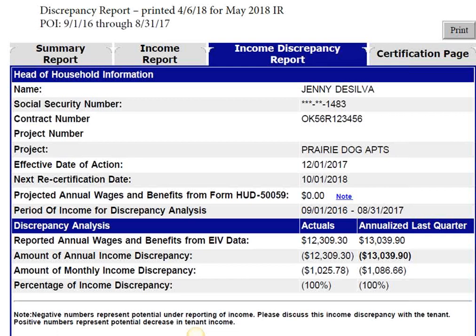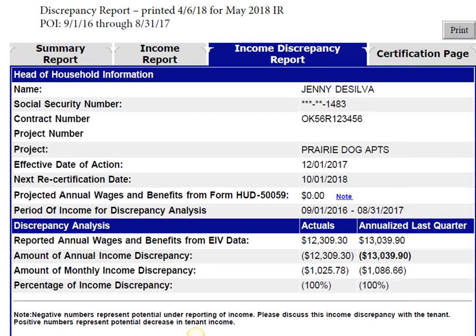How much income did we put on that 12/1/17 cert? Zero. The zero that you see right here under projected annual wages and benefits from the 5/9, that's telling you this is the sum of EIV recognizable income on that 12/1/17 interim. So that's the sum of the wages, unemployment, and Social Security that was on that 5/9. It's zero.